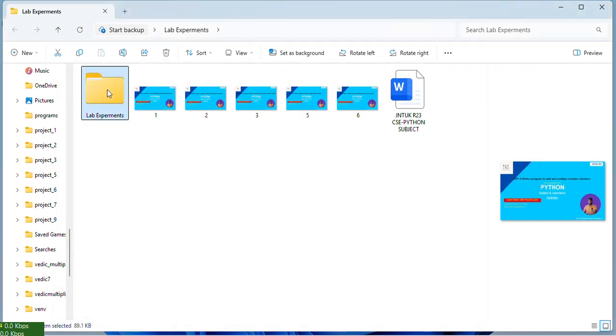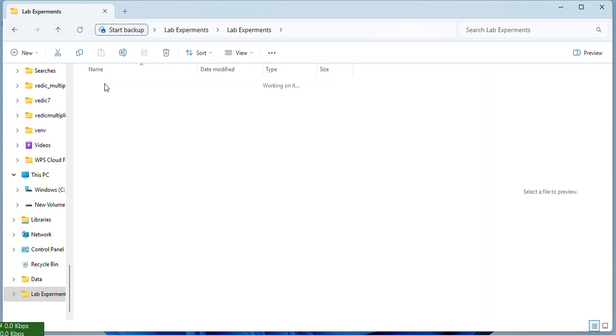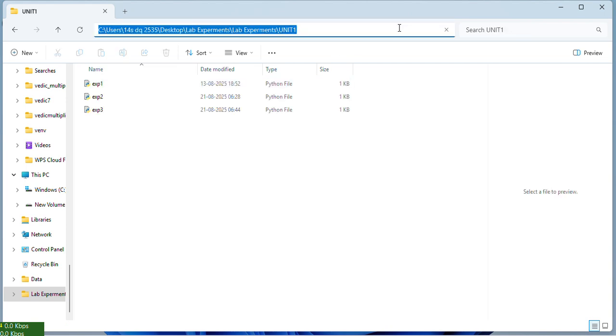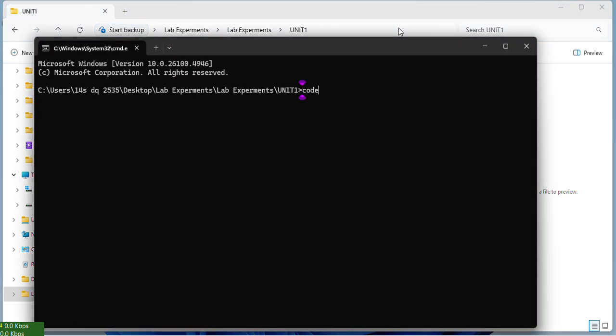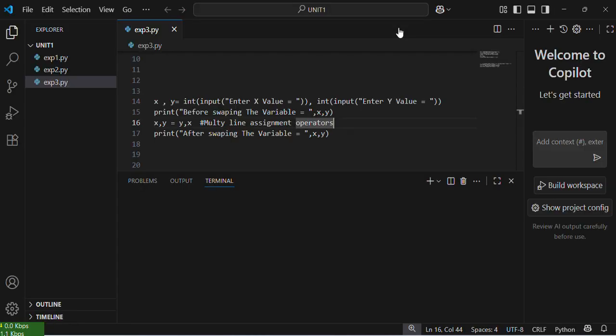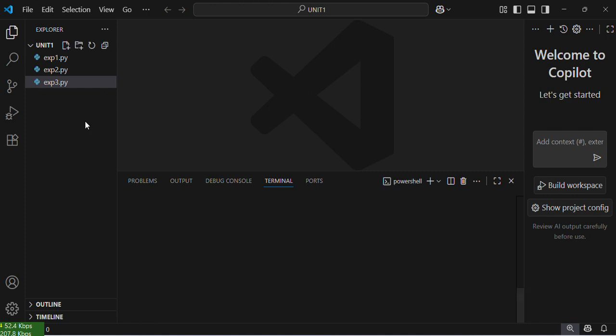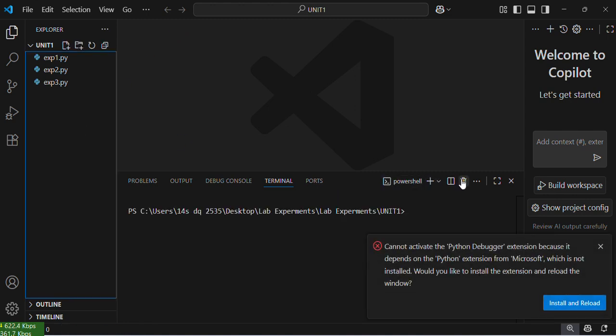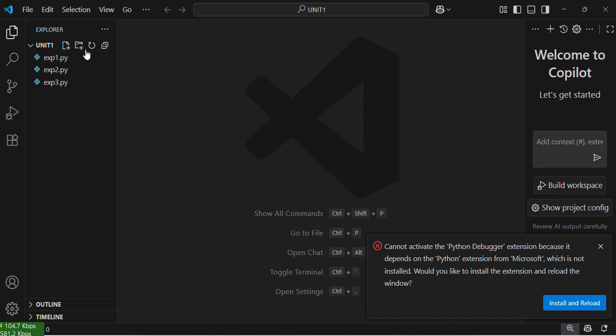The coding is very easy. Just open my working environment, Visual Studio Code. The problem statement is addition and multiplication of complex numbers.